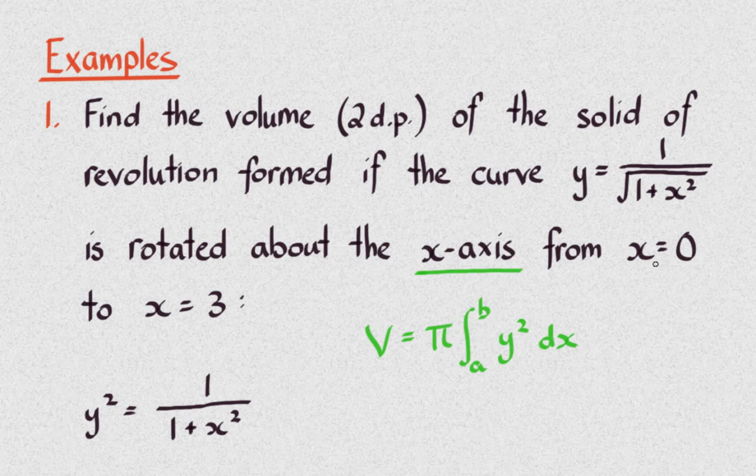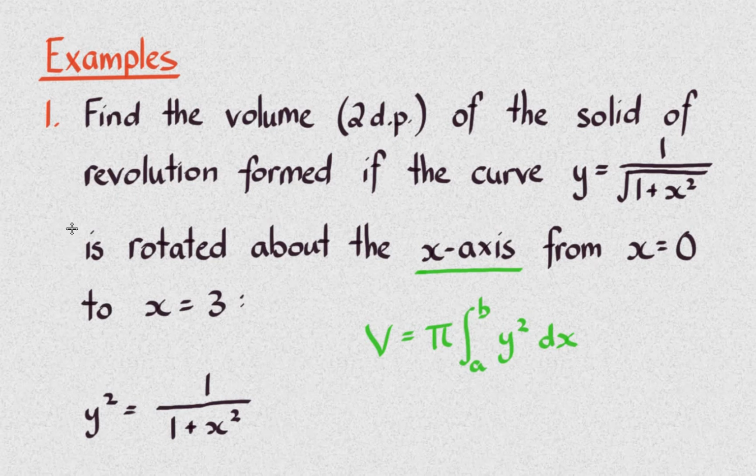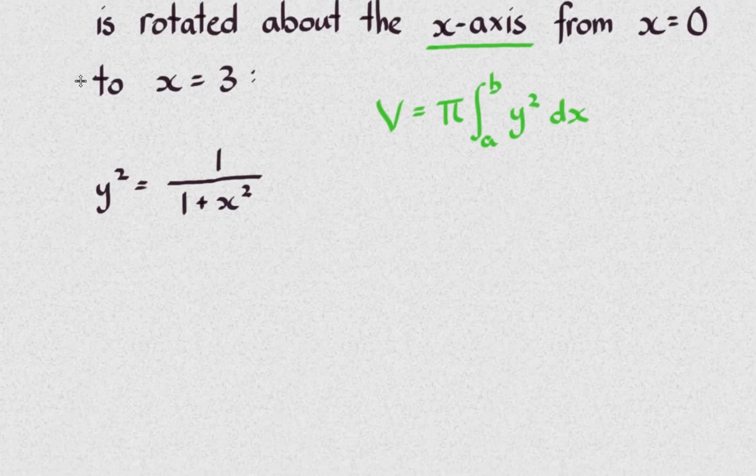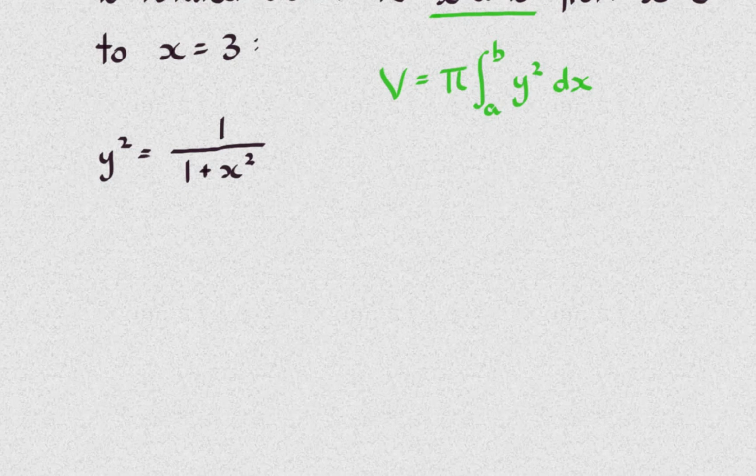For us it'll be 0 and 3. So the volume is equal to pi outside the definite integral between 0 and 3 of 1 over 1 plus x squared.